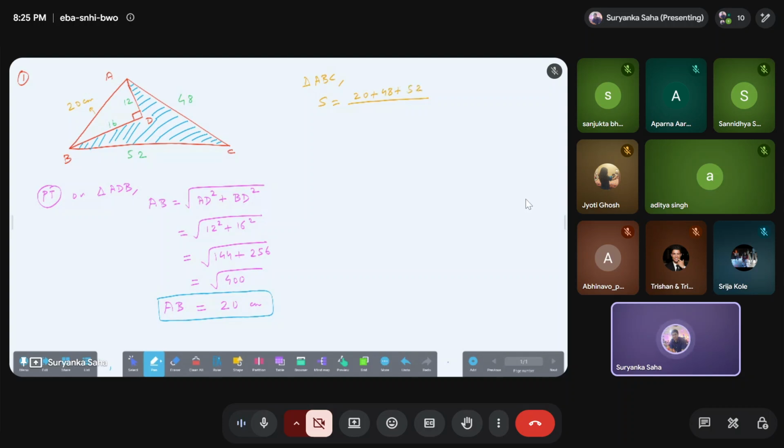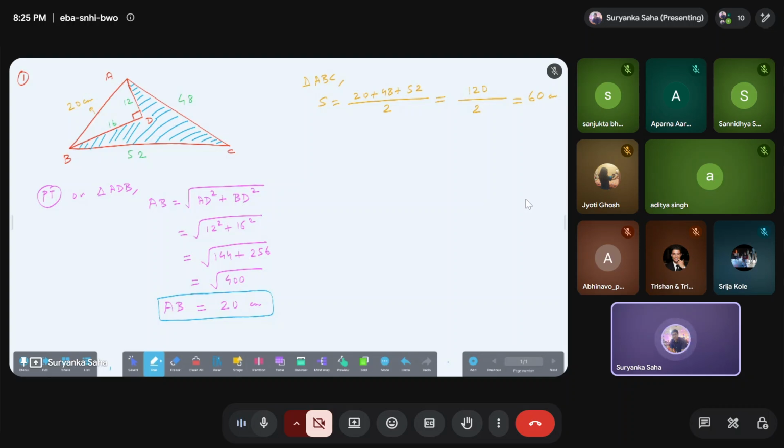If you have done, you can tell me the answer you have got. It will be 120 by 2, which comes out to be 60 centimeter. That is the value of the semi-perimeter.